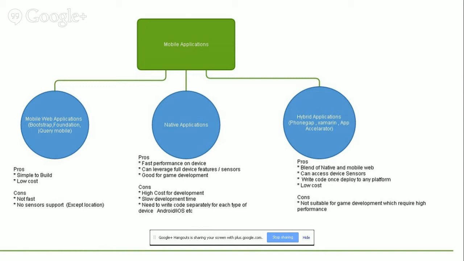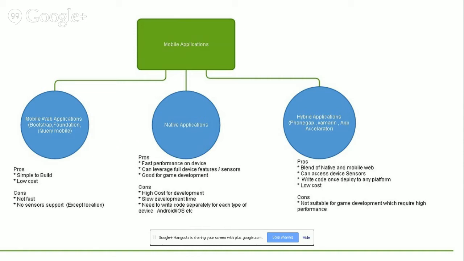These are good for game development. For example, if you're going to build game applications like Temple Run, the obvious choice would be a native application because they need more CPU and more graphics.